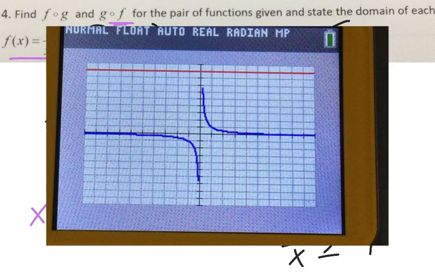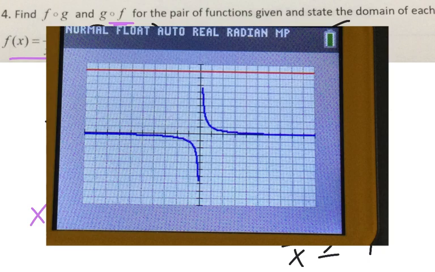No. Here, would this go above the line? It doesn't show it, but what is this? A vertical asymptote. It's a rational function. Where's this going? To infinity. So at some point here, it's going to go above that line.